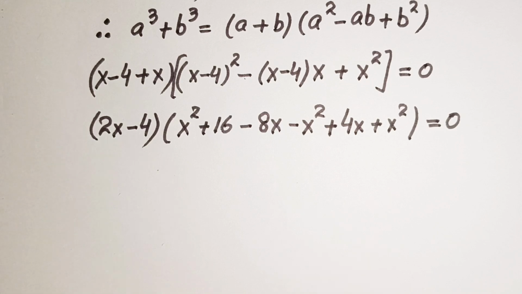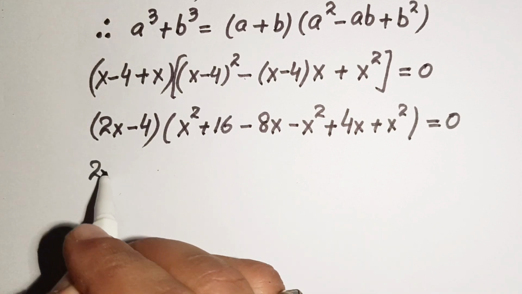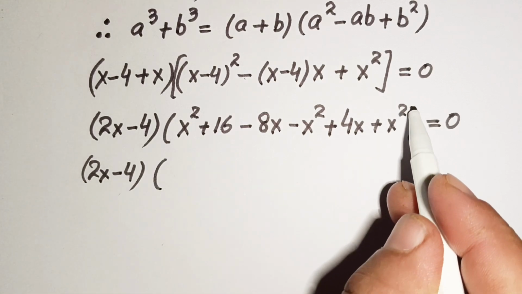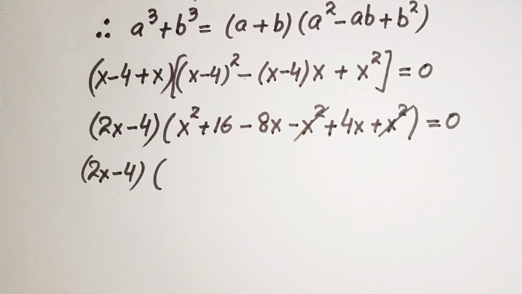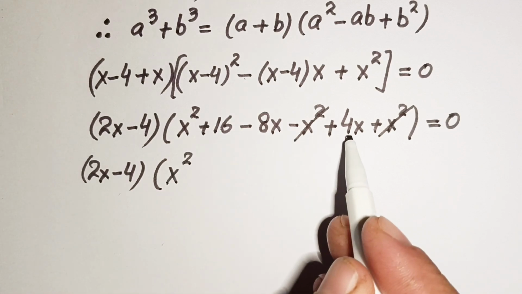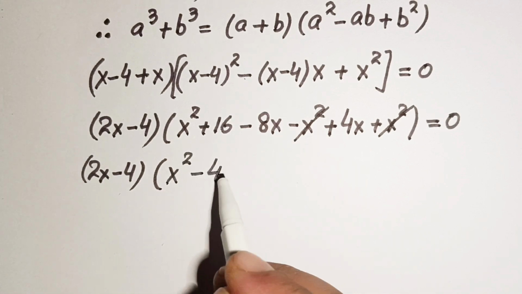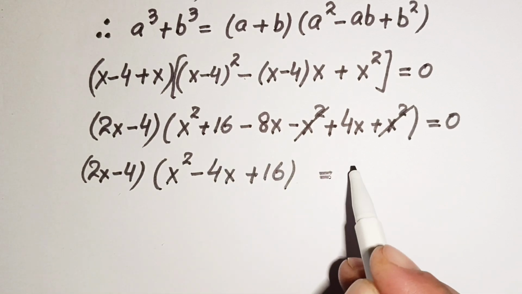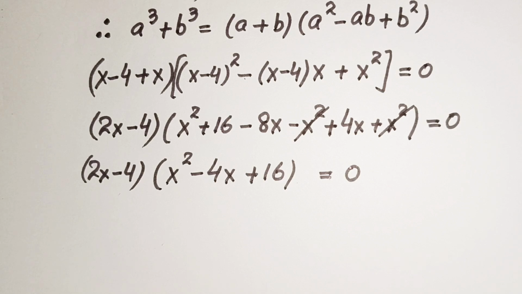Now if we cancel x² with minus x², we have x² − 8x + 4x, which gives minus 4x, and plus 16 equals 0.